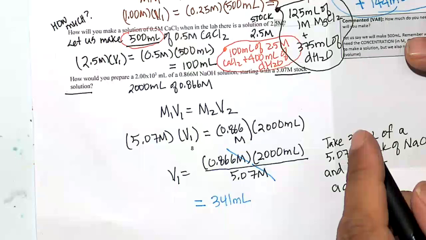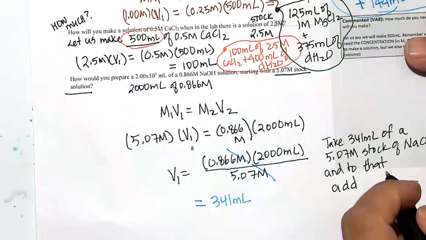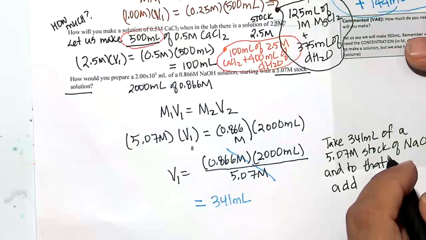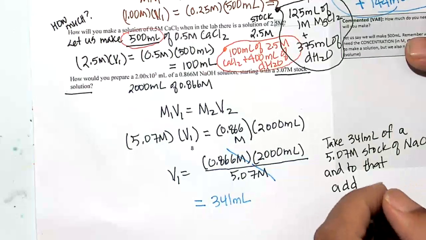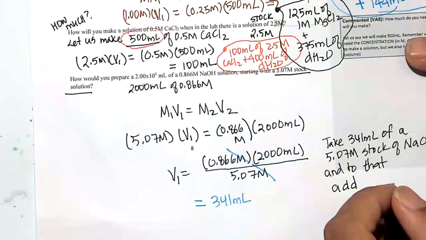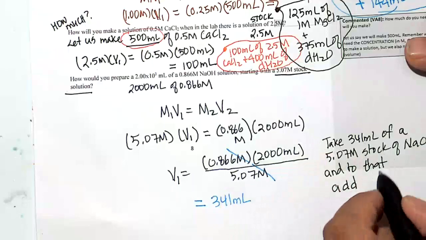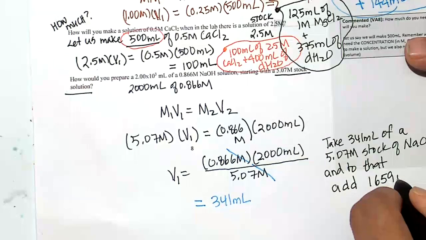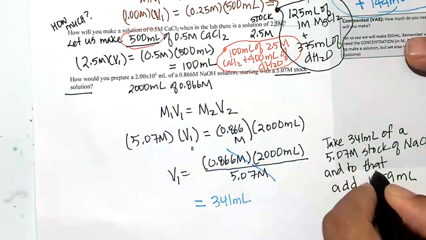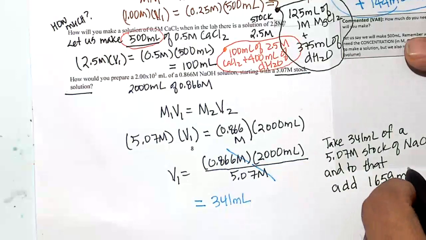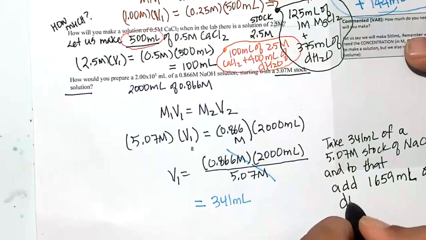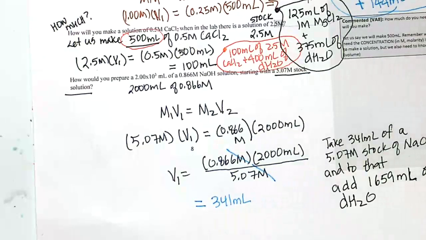How much water do we add? And add 2,000 minus 341, which is 1,659 mLs of water. Yep, 1,659 mLs of water. Okay, very good. Nice job back there. And this is our answer.